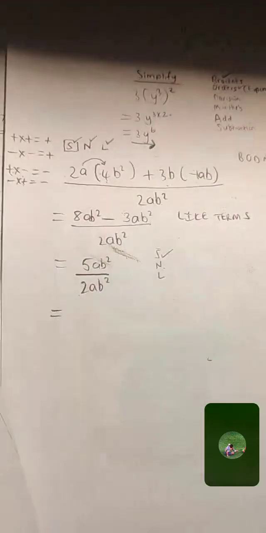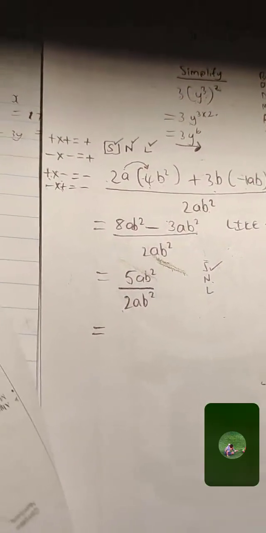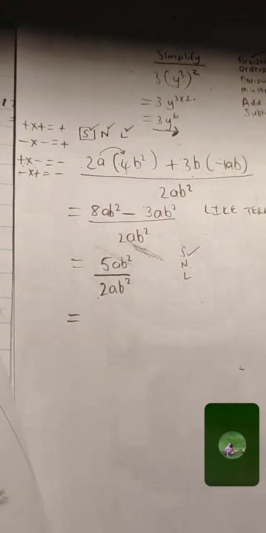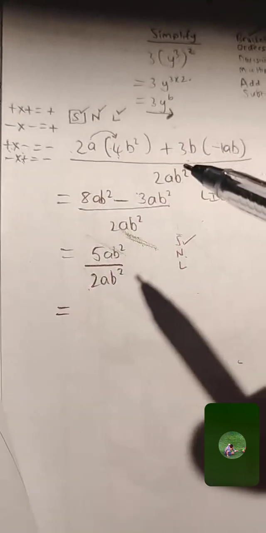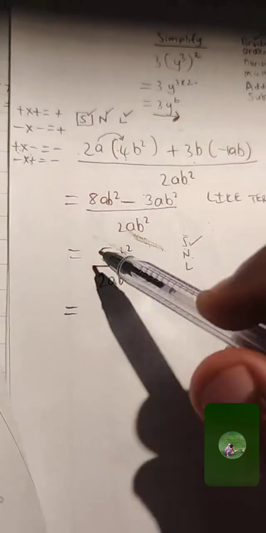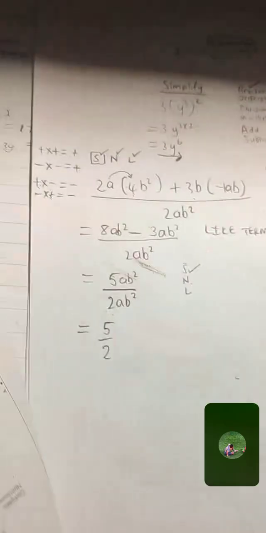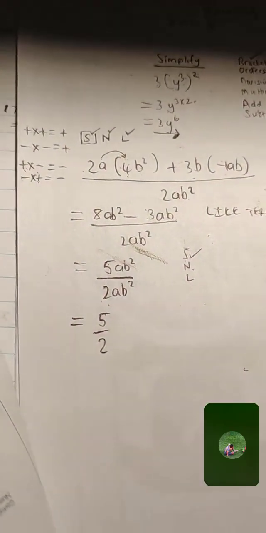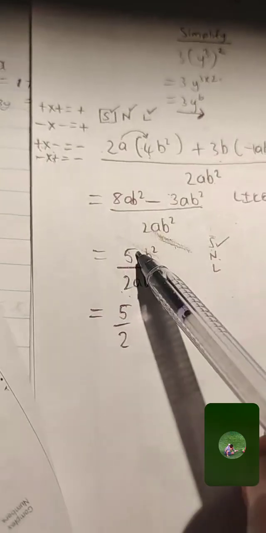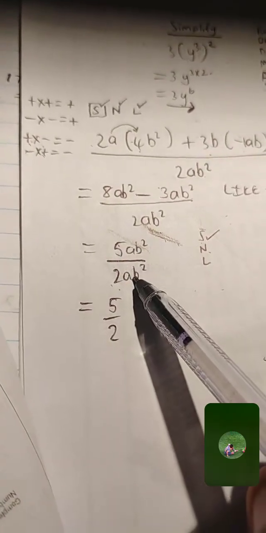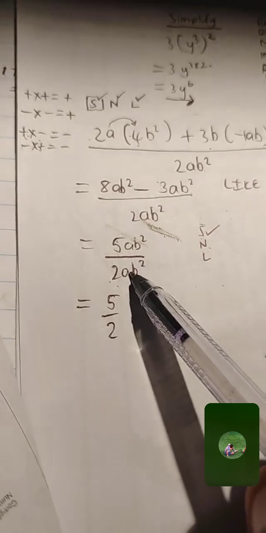What's a positive divided by positive? It's a positive still. Positive divided by positive is a positive. We go on to the number. What's 5 divided by 2? That is 5 over 2. What's A divided by A?